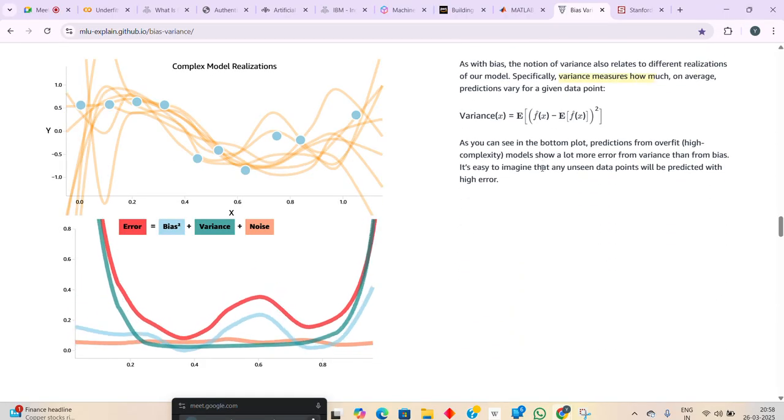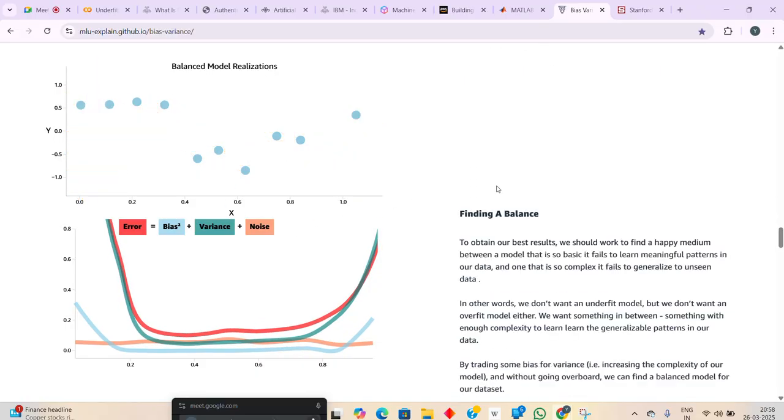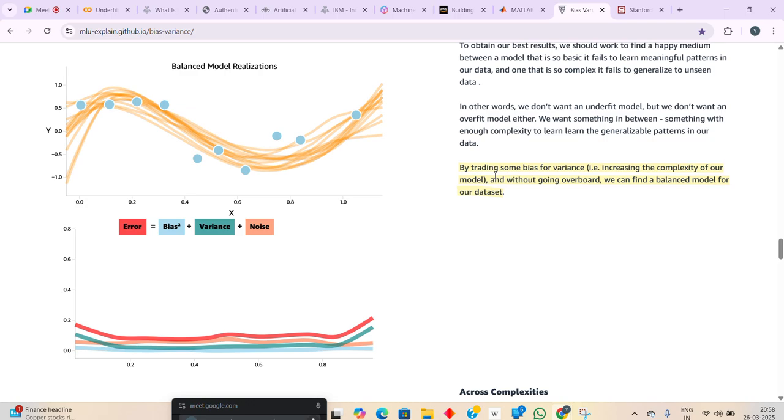If you go ahead and see the variance, it will be like this. But if you see the balancing, this is the actual best fit curve. Here we can see the balance: error should balance with the bias and variance.